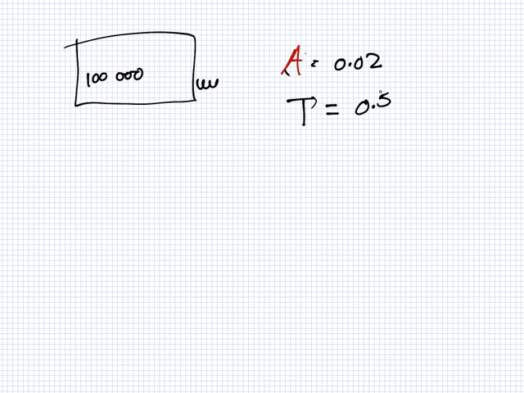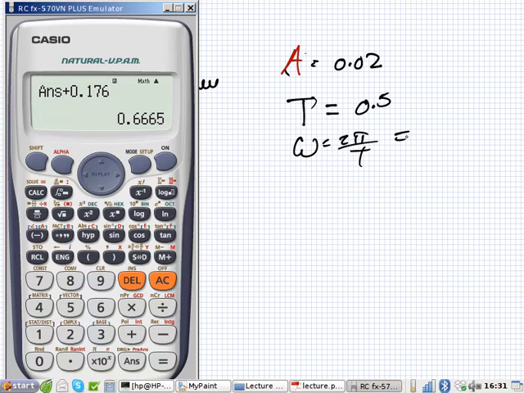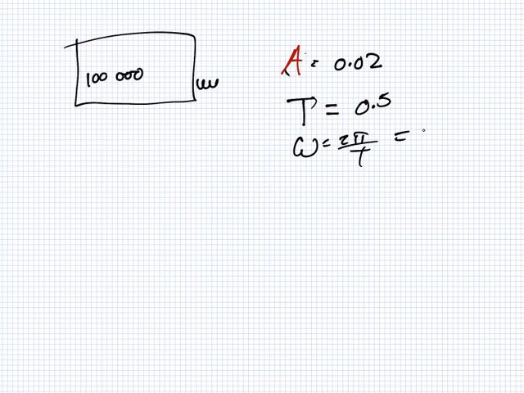Compresses, and then decompresses, that takes 250 milliseconds. So one cycle is 500 milliseconds, which is half a second. Now that's good because that gives us the omega. What's that, about 12 or something, isn't it? At 12.57 radians per second.